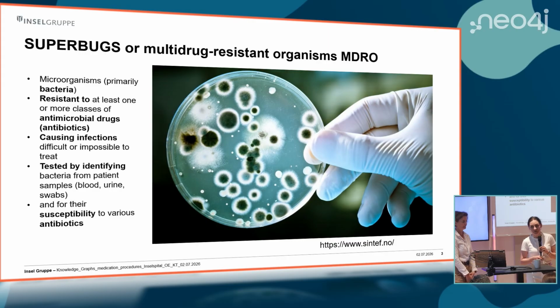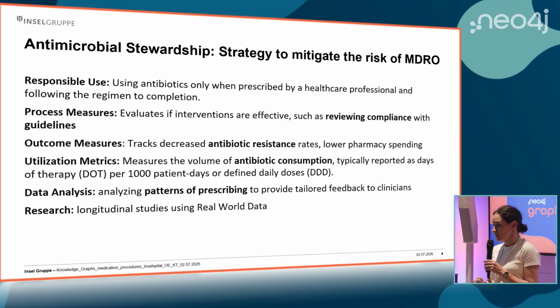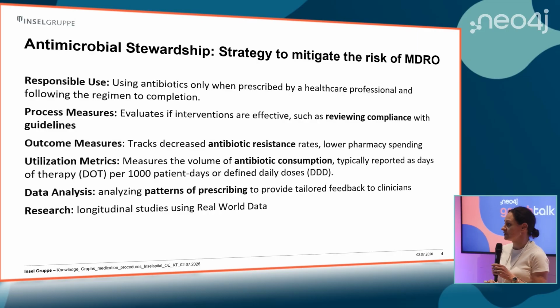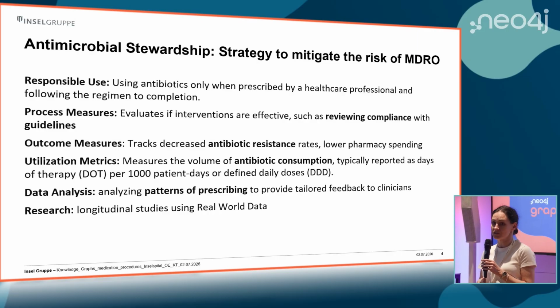What hospitals do is start up antibiotic stewardship, to mitigate the risk of creating more resistance, really try to treat infections, and also reduce the risk for patients to get these microorganisms. Antimicrobial stewardship is a multi-layered strategy.